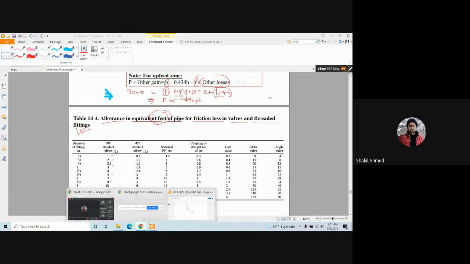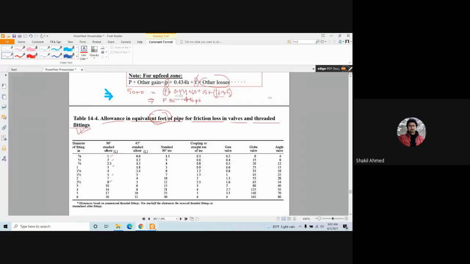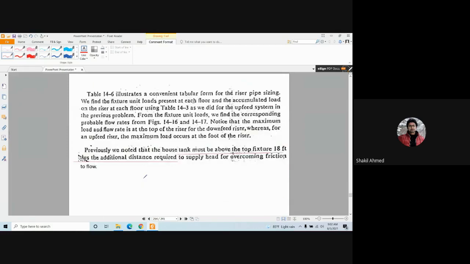What does that mean? That means that, for example, in valves and threaded fittings, we have an elbow, 90-degree elbow. Let me show you the examples.